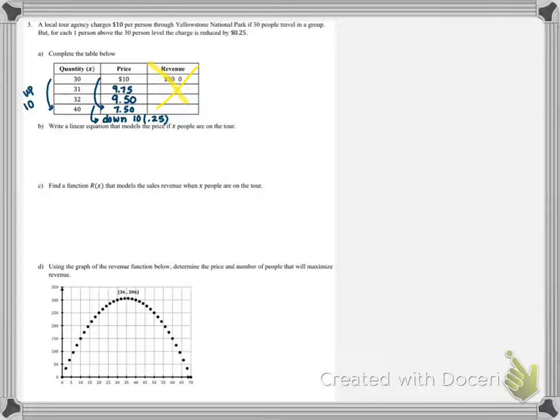Okay, so now we want to write a linear equation that models the price if X people are on the tour. So X is our quantity, and I'm going to call P my price.